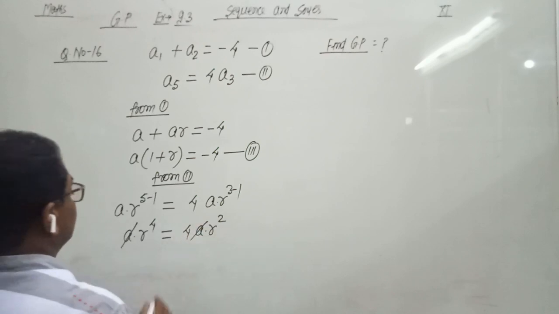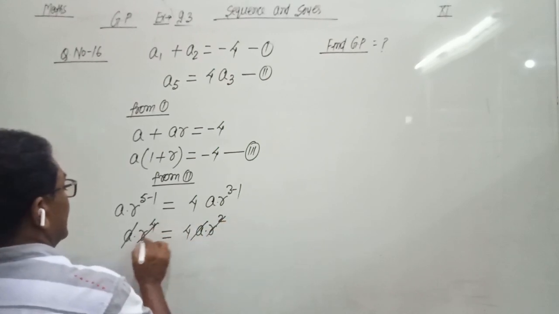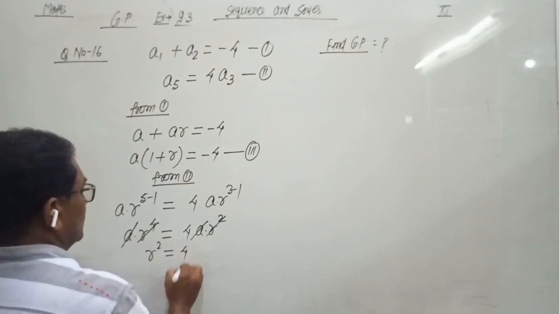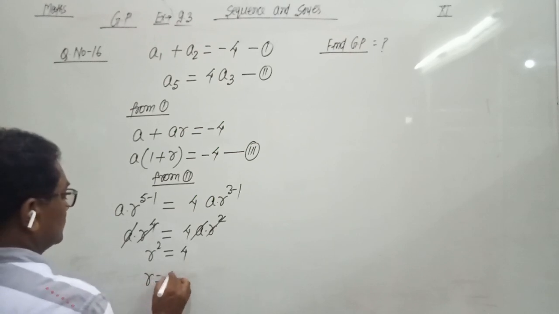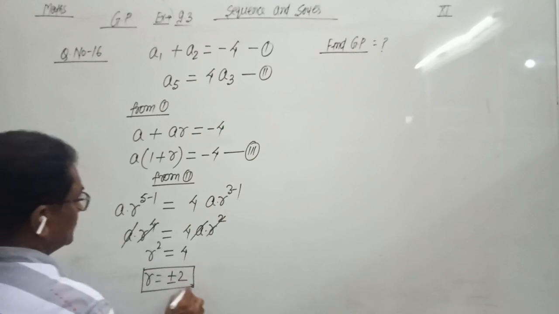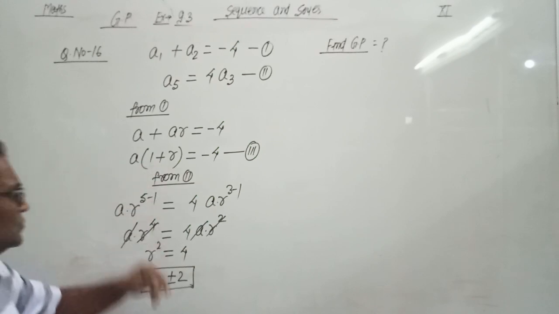A gets cancelled, and R squared and R to the 4 cancel. It comes R squared equals 4, and R equals plus minus 2. We get the value of common ratio R equals plus minus 2.